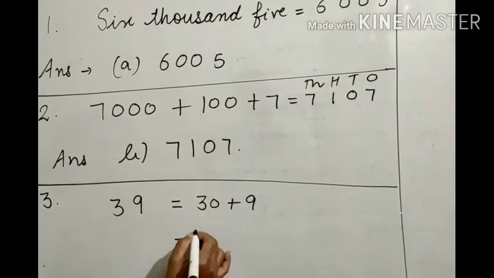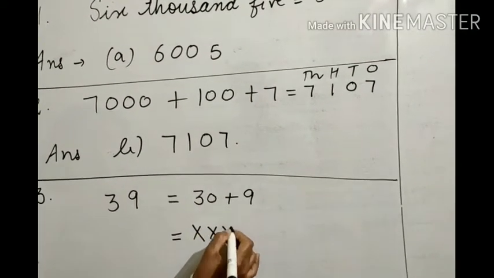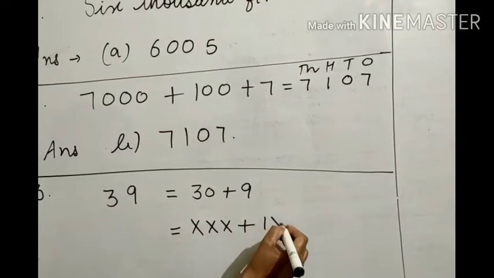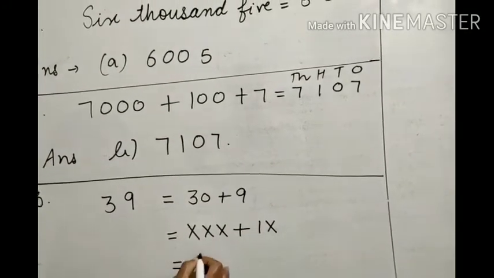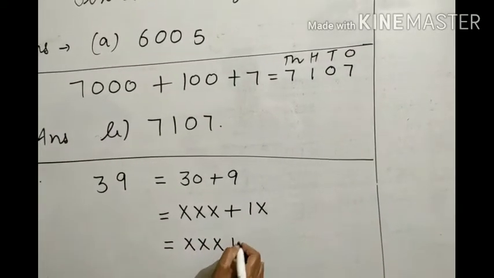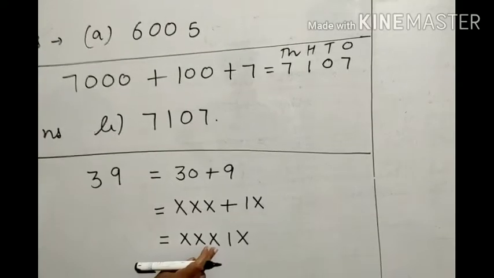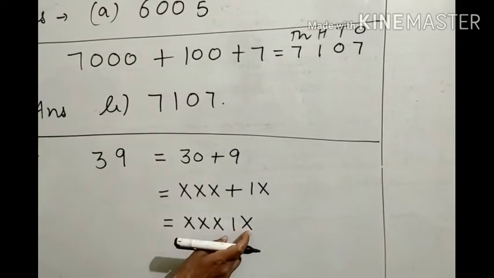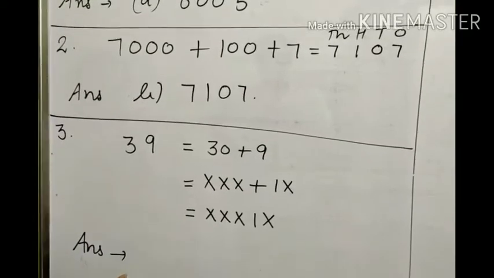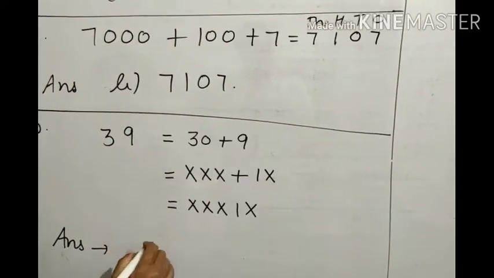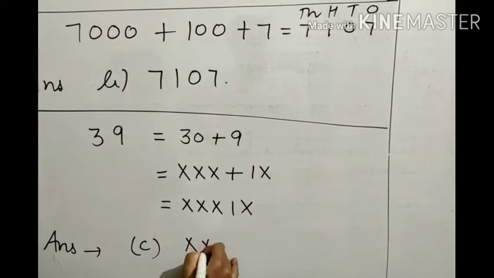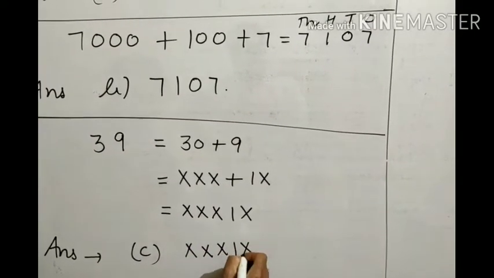Now 30 will be written as 3 times X, that is 10, 10, 10, and 9 will be written as IX. So 39 will be written as XXXIX. Now match your answer with the options. Which option is correct? C. Option C is correct.